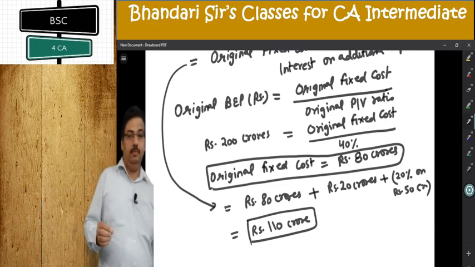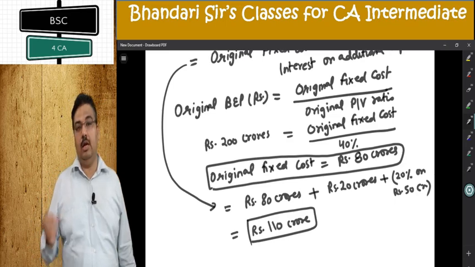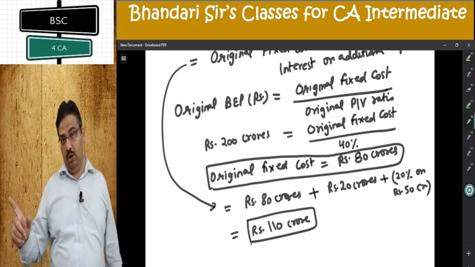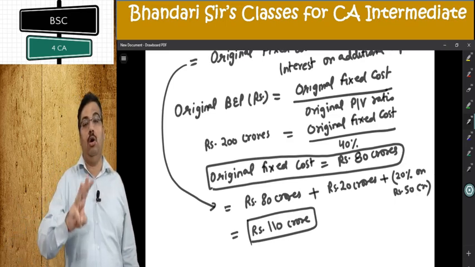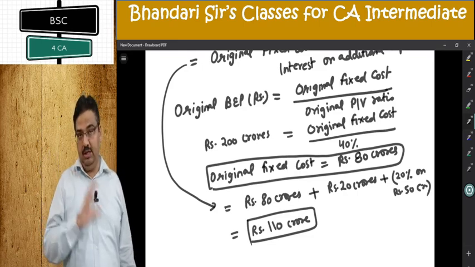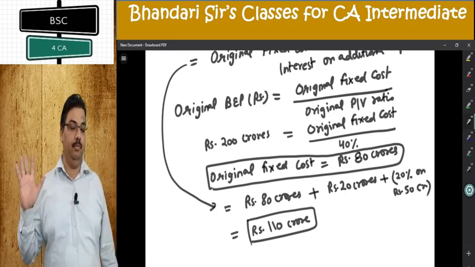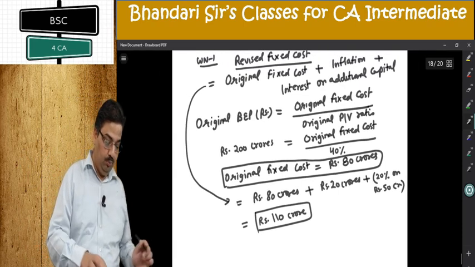Working note 1, I am computing revised fixed cost. Original fixed cost plus increase plus interest on additional capital. Three things added, I am getting 110 crore. Working note 2.